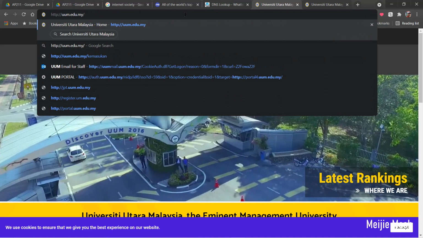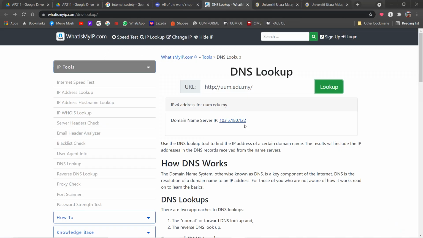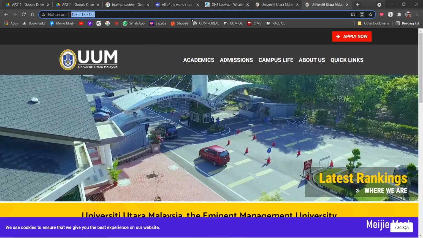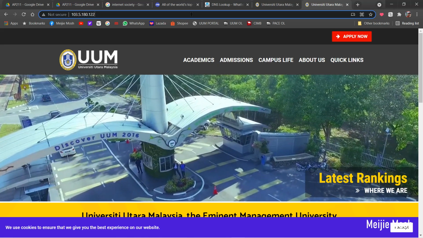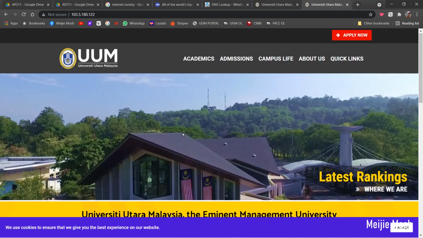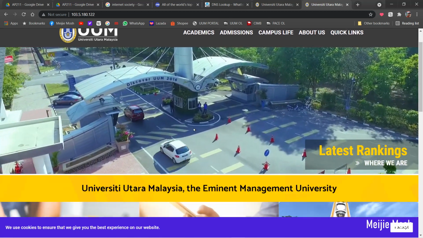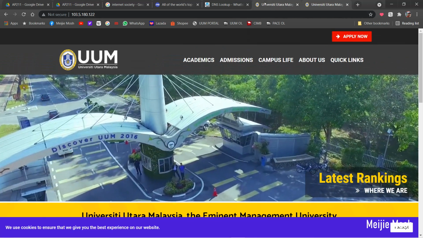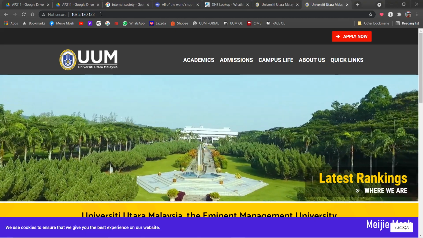And if you use the IP address that is allocated to UUM, 103.5.180.122, similarly, if you enter the IP address inside the URL, you can also get the same web page for UUM. Actually, this DNS name is represented by this IP address.